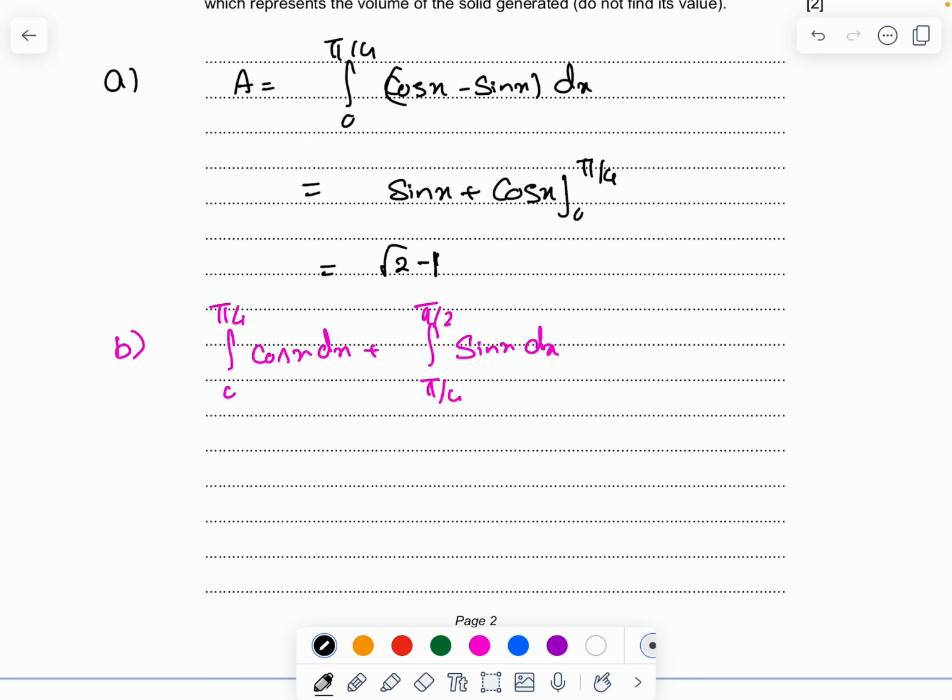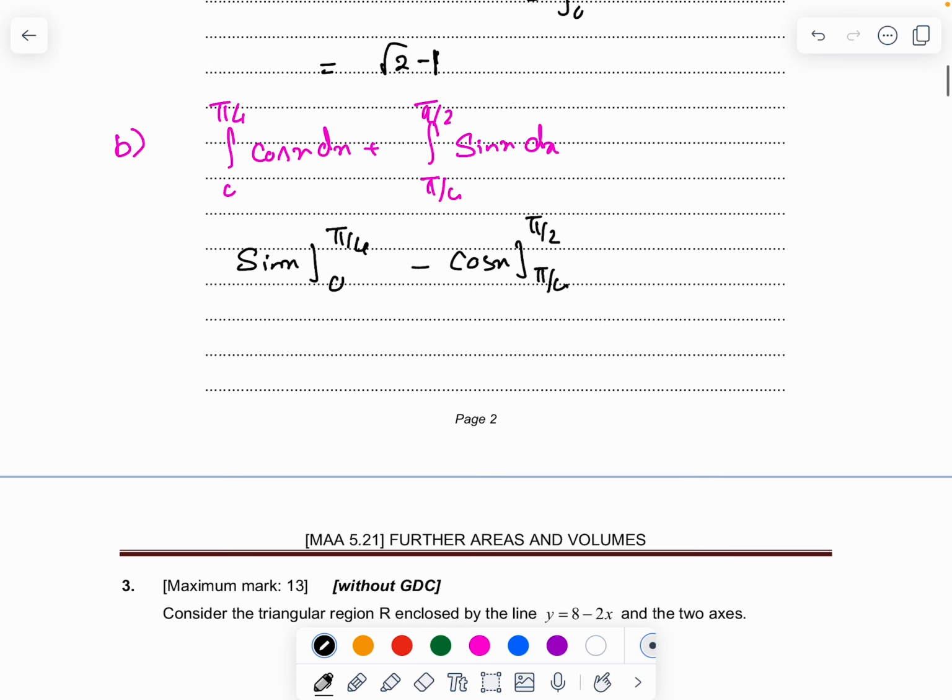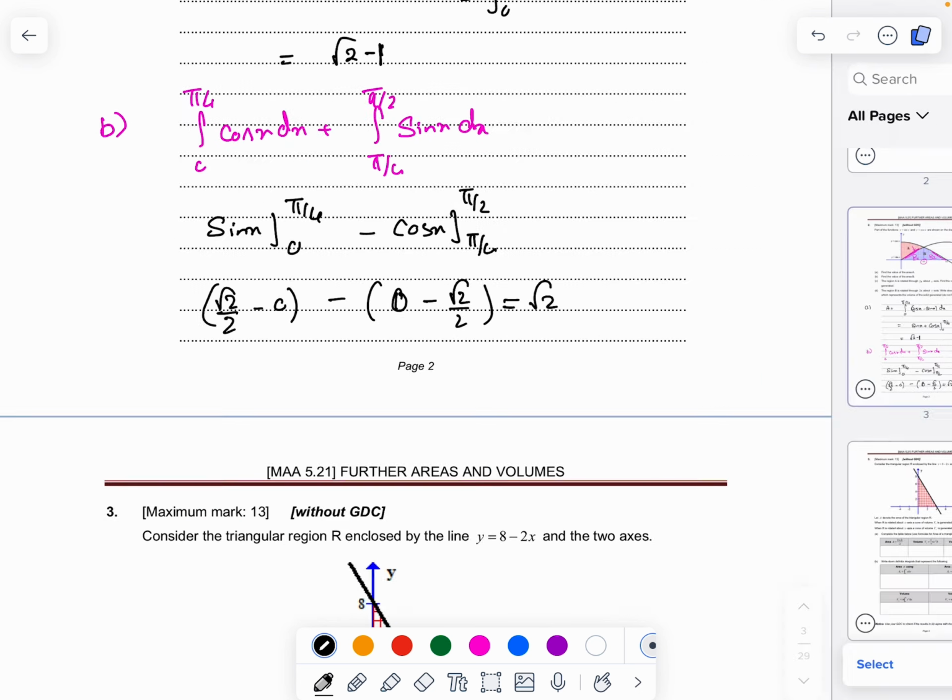Cos x integral is sin x and sin x integral is minus cos x. So it becomes sin x from 0 to pi by 4 and minus cos x from pi by 4 to pi by 2. So this is root 2 upon 2 minus 0, minus of 0 minus root 2 upon 2. So root 2 is going to be the answer.